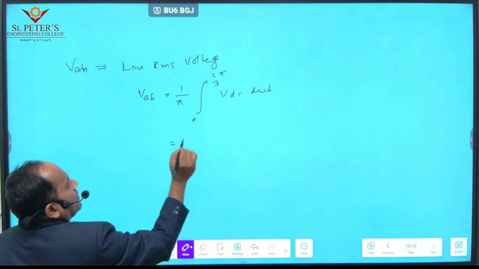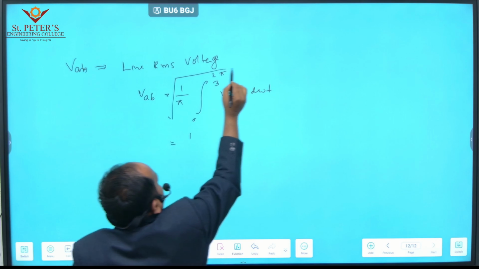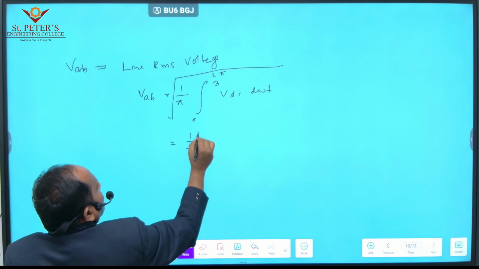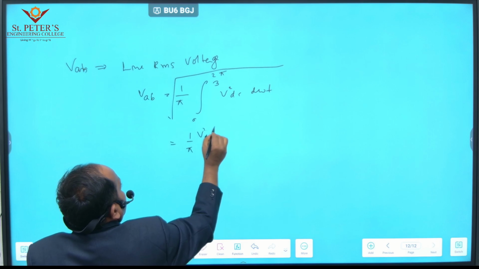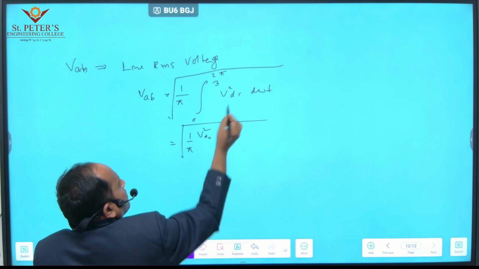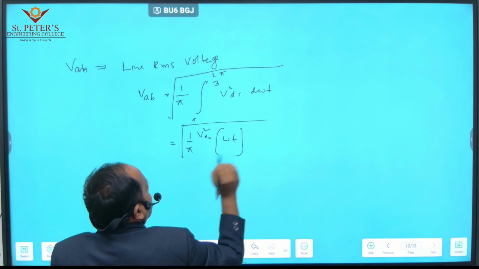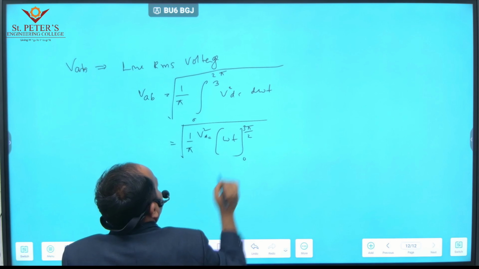Then by integrating, this is the RMS value, so we go under root 1 by pi VDC square, under root of integration of d omega t. Integration of 1 is omega t, from 0 to 2 pi by 3.